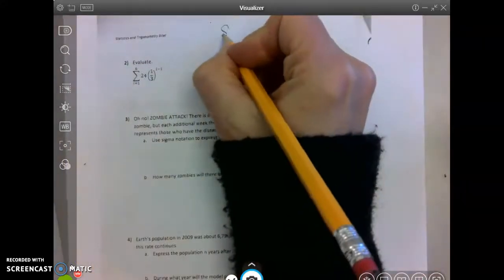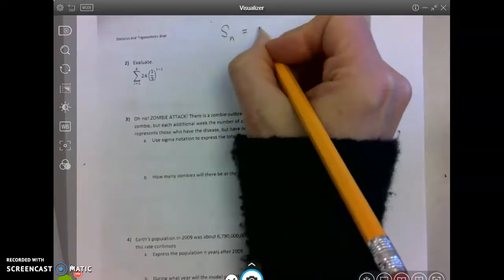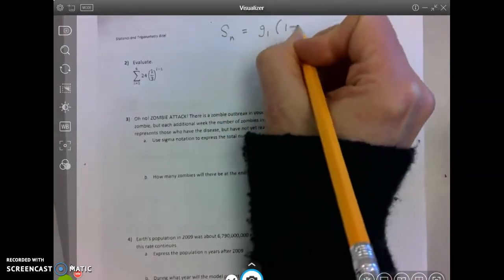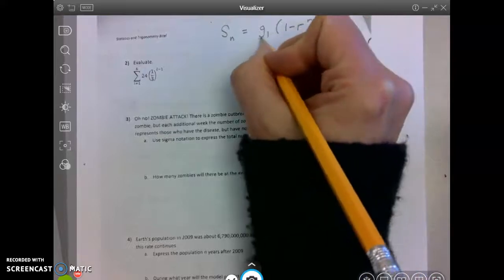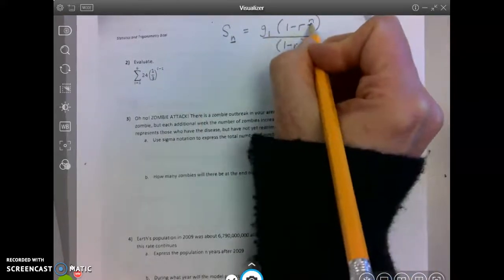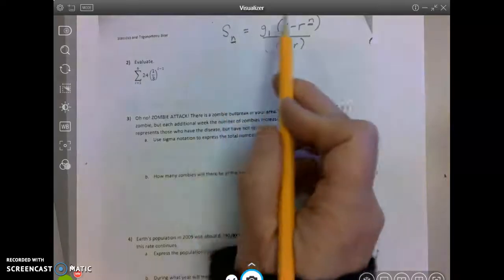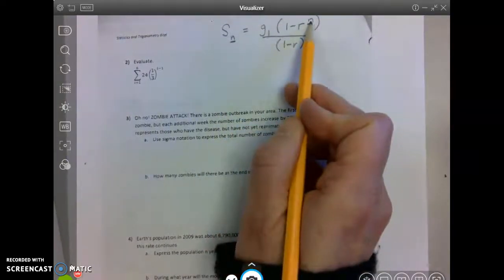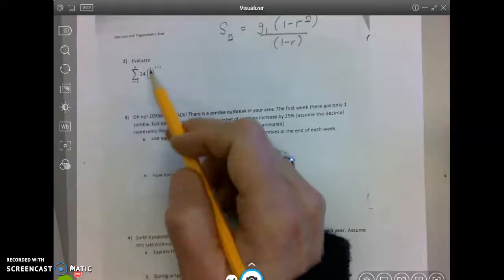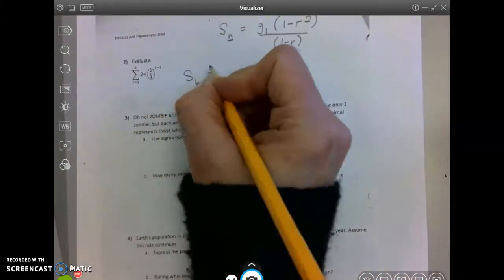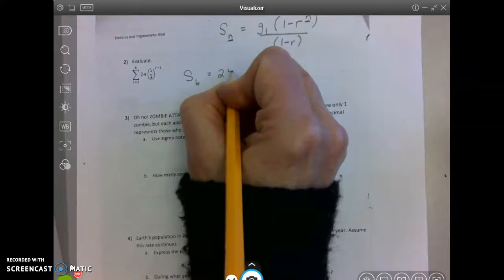I'm going to rewrite my formula. S of n equals the first term times 1 minus r to the n all over 1 minus r. Notice these match. This is n, this is n. It's not n and n minus 1, it's n and n. Let's look at this formula here. So S sub 6, the first term is 24.